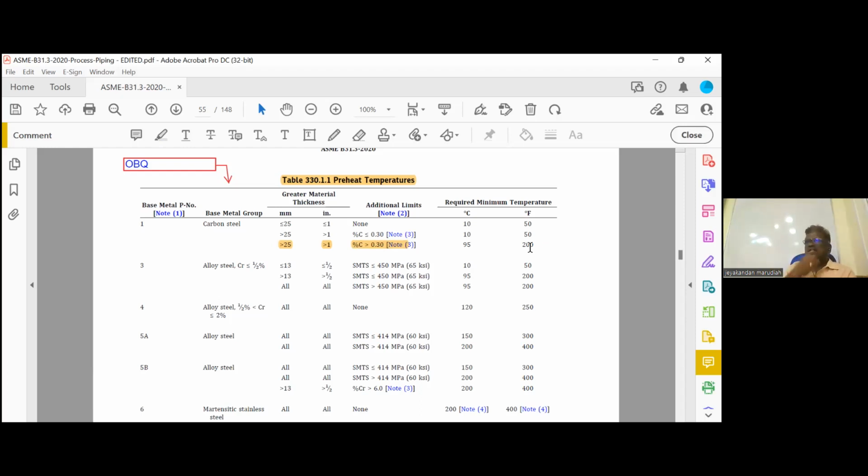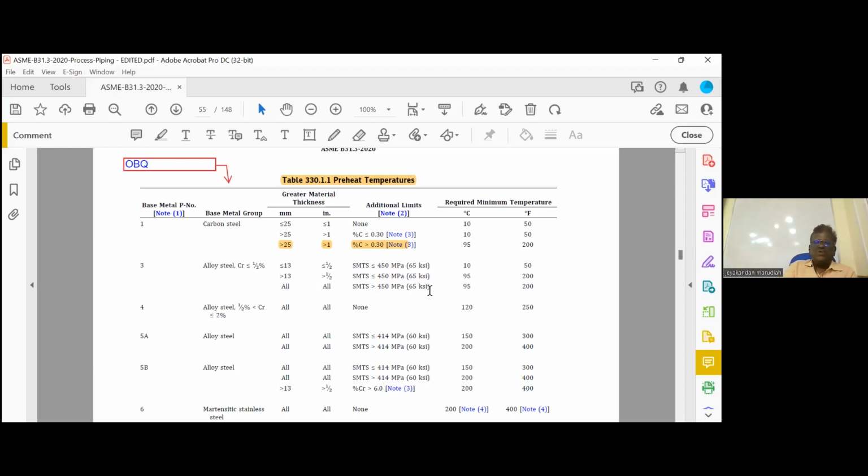Now coming to P3, again we have two conditions, but here even if one condition is met, we have to do 200 degrees Fahrenheit. Here what are the conditions? Tensile strength 65, thickness half an inch. You can see here, thickness less than or equal to half an inch and tensile strength less than or equal to 65, 50. Second, when the thickness is more than half an inch, even if tensile strength is less than 65, 200.